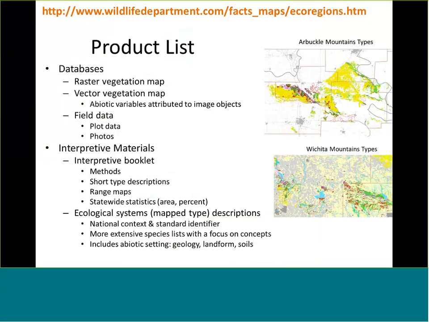So here is the product list, and if you're interested, I can come back to this. ODWC, the Oklahoma Department of Wildlife Conservation, has the raster data set for Oklahoma and the interpretive booklets, which have methods and short descriptions of all the map types and the range maps of all the map types, sort of a heat map of the ranges of all the map types, short descriptions, and long descriptions.